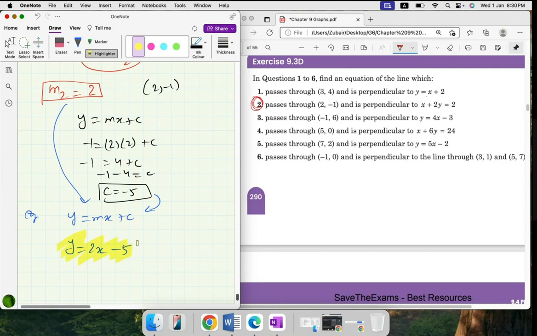Yes, I'm getting y is equal to 2x plus 5. Can you repeat that? I'm getting 2x minus 5. Okay. Haris, what about you? Sir, 2x minus 5. Same answer. Yes, sir.